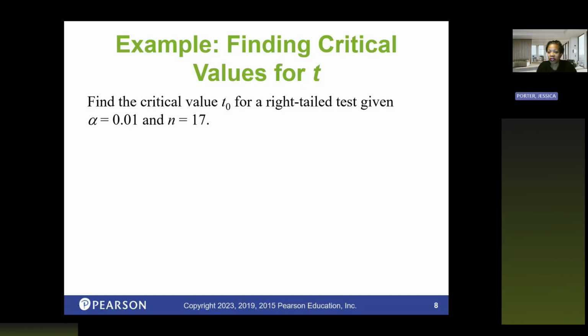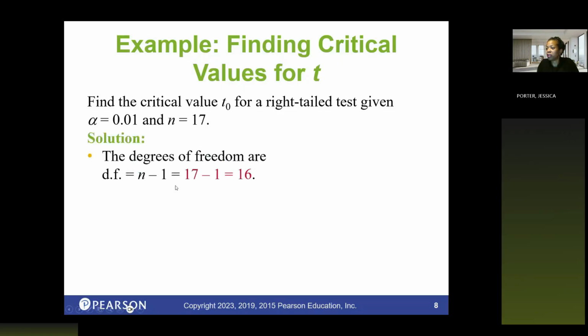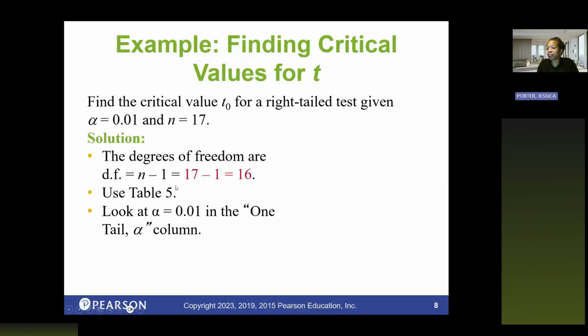What are the degrees of freedom? 16. 16, because we got n minus 1. Okay. All right, and then we can use table 5.